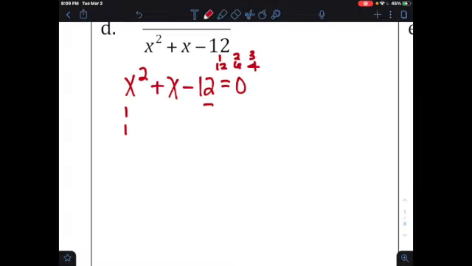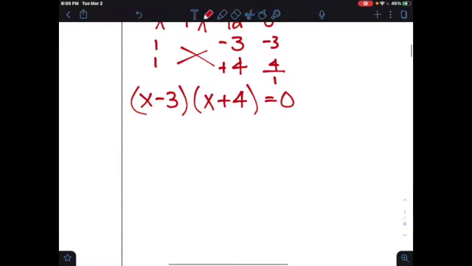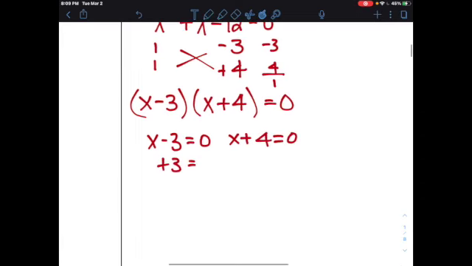In this case, you use 3 and 4, that's negative 3 and positive 4, which gives positive 1. And you got your factors, x minus 3 and x plus 4, equal to 0. If you solve it, x minus 3 equals 0 and x plus 4 equals 0, just solve the little equations, and you should be able to get the undefined values for this expression.